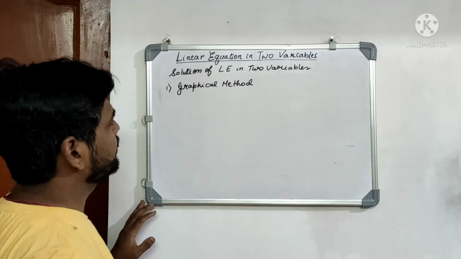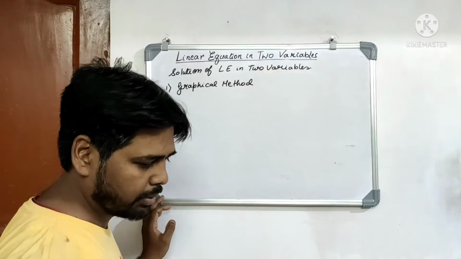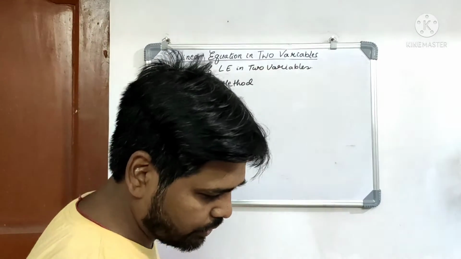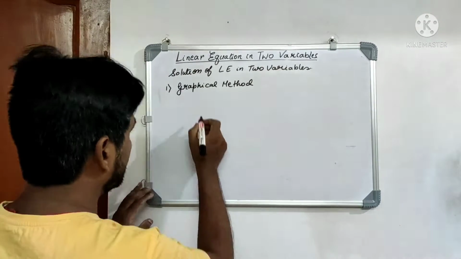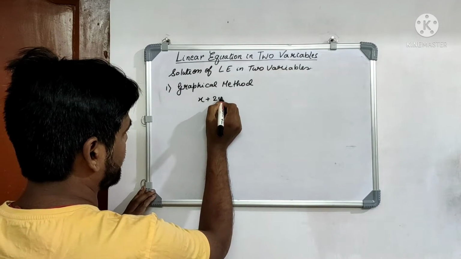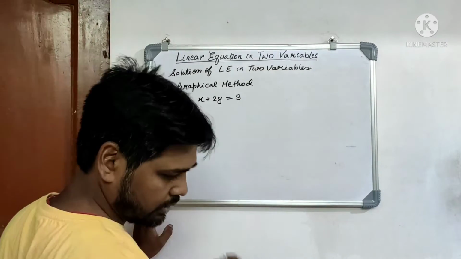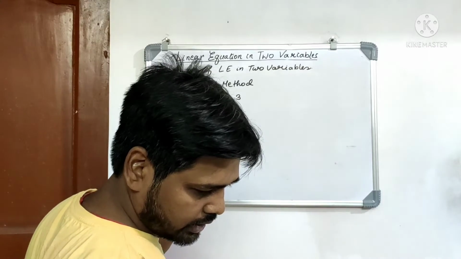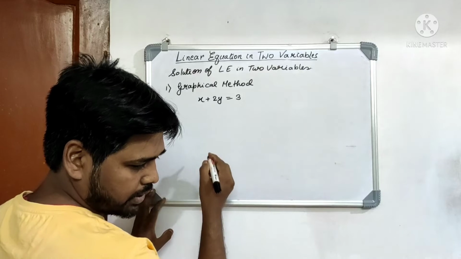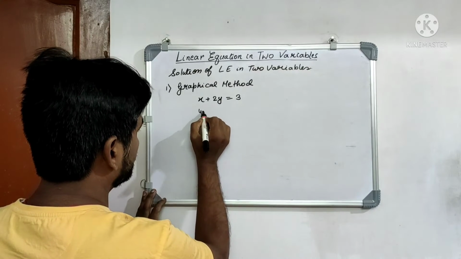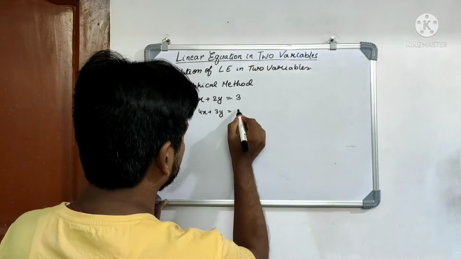So for the graphical method, let us understand this with an example. Let us have a system of equations given like, let's say, x plus 2y is equal to 3, and then we have another equation, that is 4x plus 3y is equal to 2.